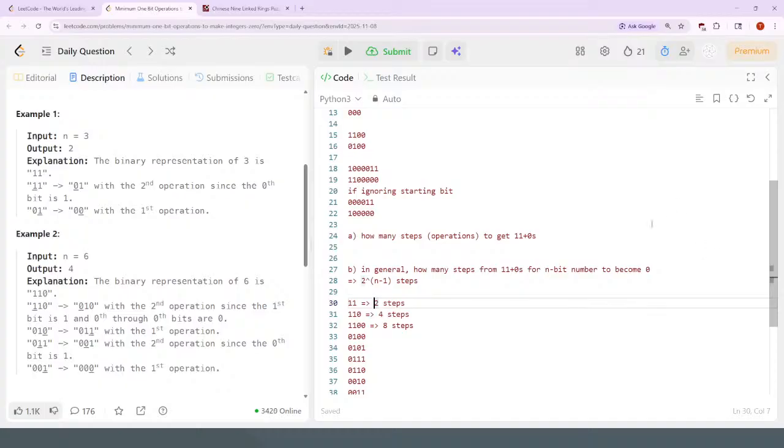It's just going backwards, right? Going backwards. Is that right? Going backwards.